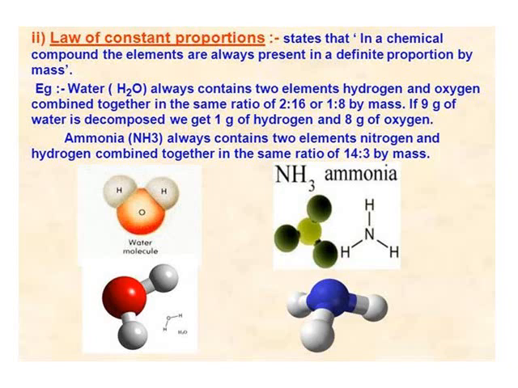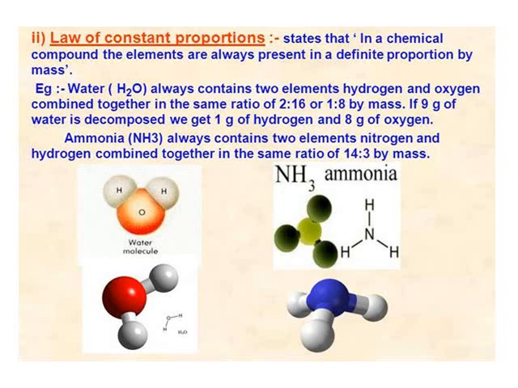Now let us take the compound water. The molecular formula is H2O. Here two atoms of hydrogen combine with one atom of oxygen and it makes the compound water, H2O.